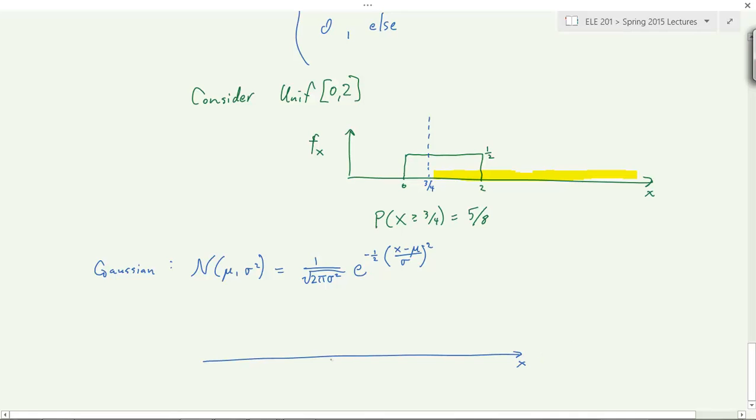So here's x. It's centered around mu. And it's like this type of thing, e to the negative x squared, the bell curve. This width here is proportional to sigma. Okay, so there are your two parameters, the width and the mean, where you move it to.